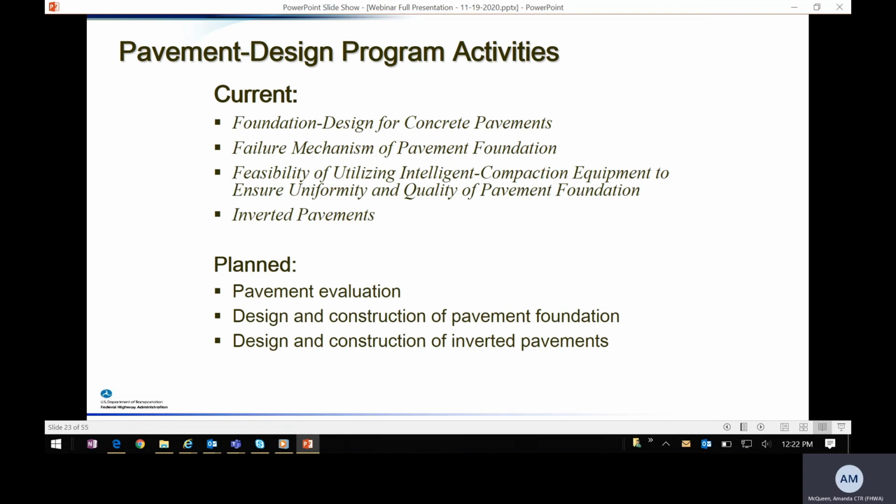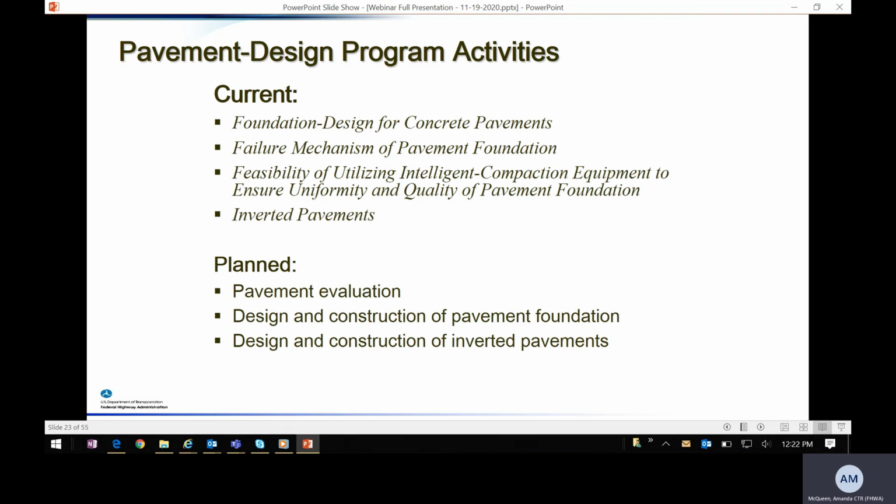So for pavement design program activities, our current emphasis is on improving foundation design. We have some activities looking at foundation design for concrete pavements. That was done under the concrete pavement IDI contract, so that was just focused on concrete, but we'll also do that for asphalt pavement.